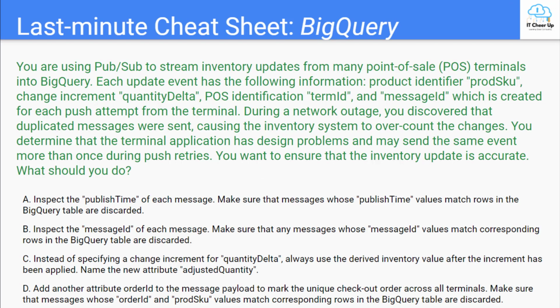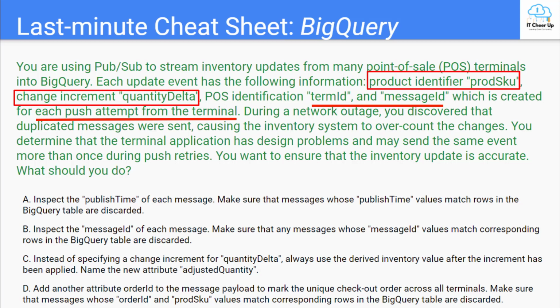This one does need time to analyze each answer. Pause the video when you are ready to check the answer. I highlight the columns in each update event. Answer A is wrong because different terminal IDs can publish the update event with the same publish time.